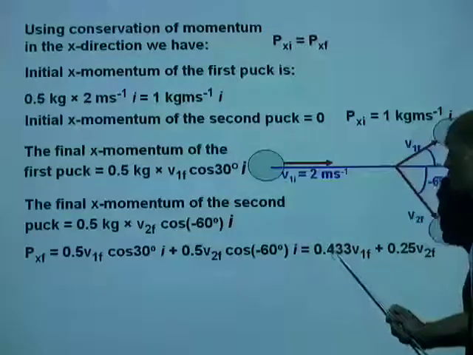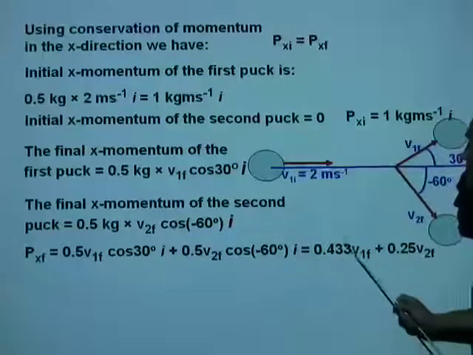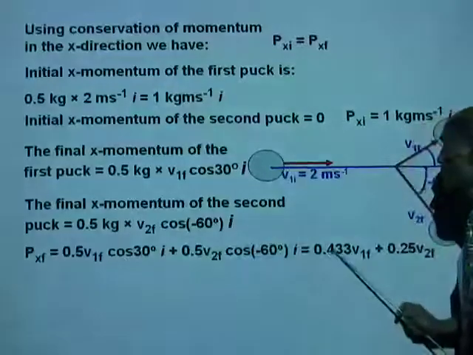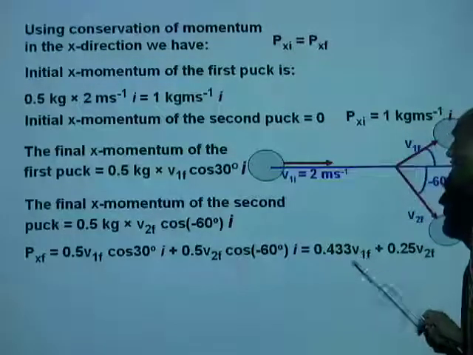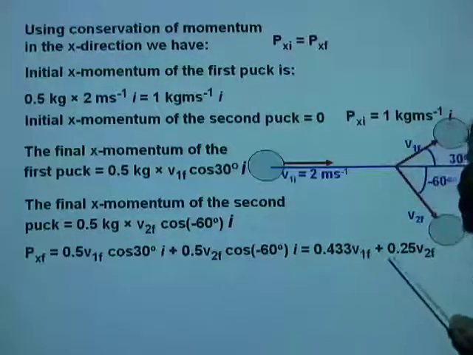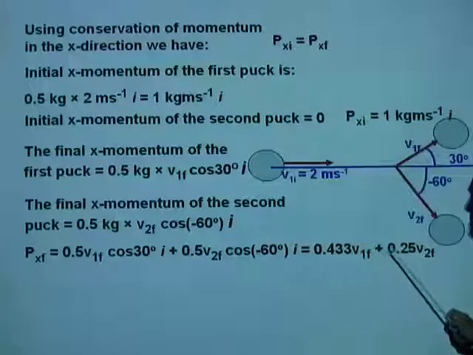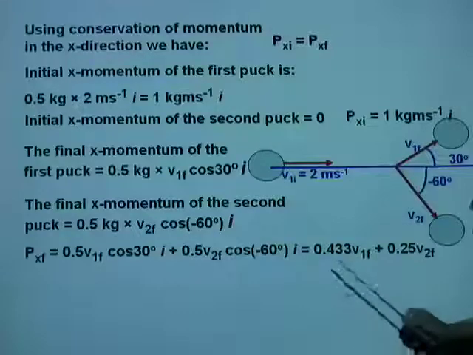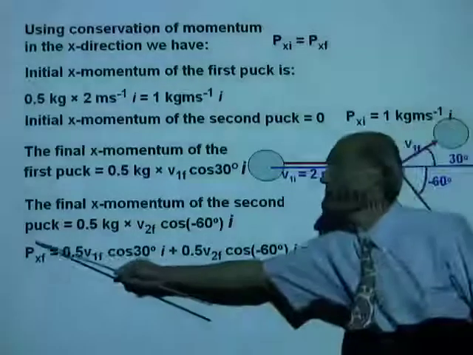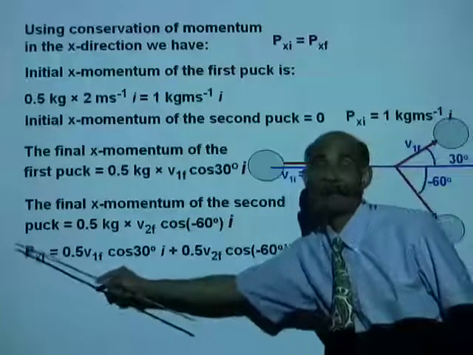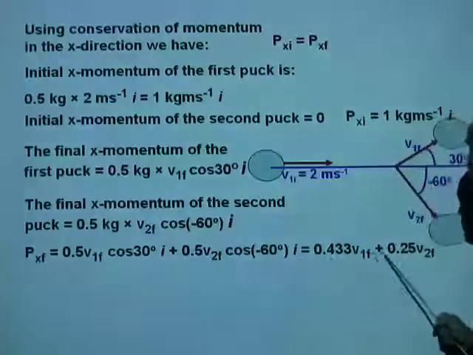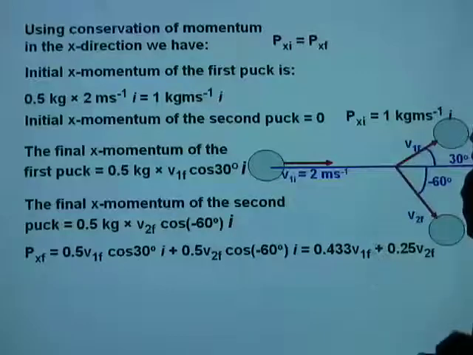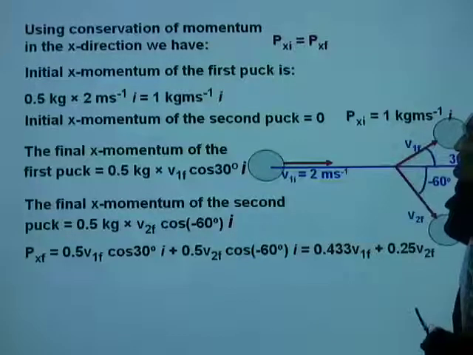0.5 times cos 30 degrees is 0.433. So the first term is 0.433 V1F, and the second term is plus 0.25 V2F. So the PXF, the final momentum in the x direction, is 0.433 V1F plus 0.25 V2F.